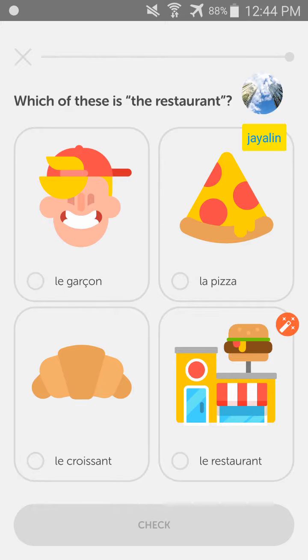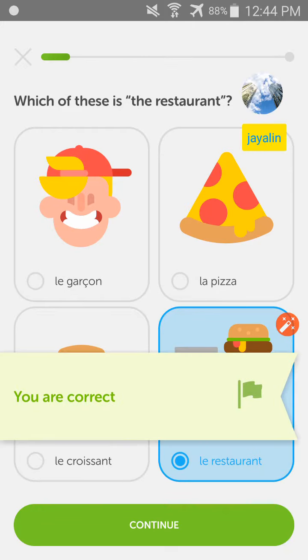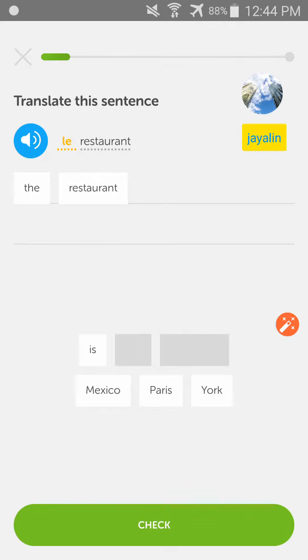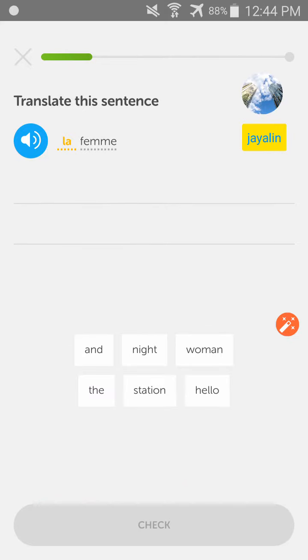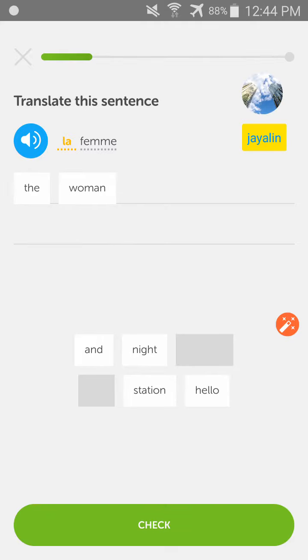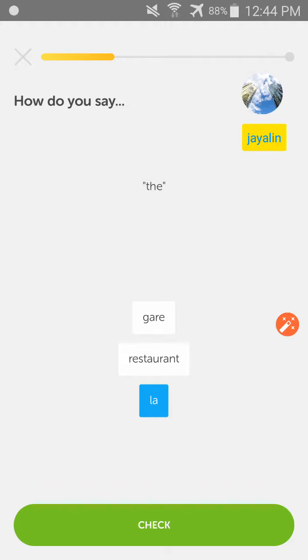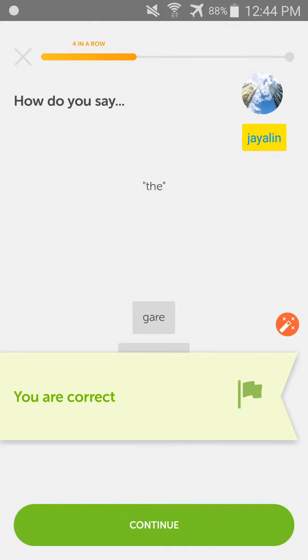Which of these is restaurant? Le restaurant. The restaurant. La femme. The woman. The can be la or le. La is the feminine, le is the masculine form. Gare, I think, is a train station.